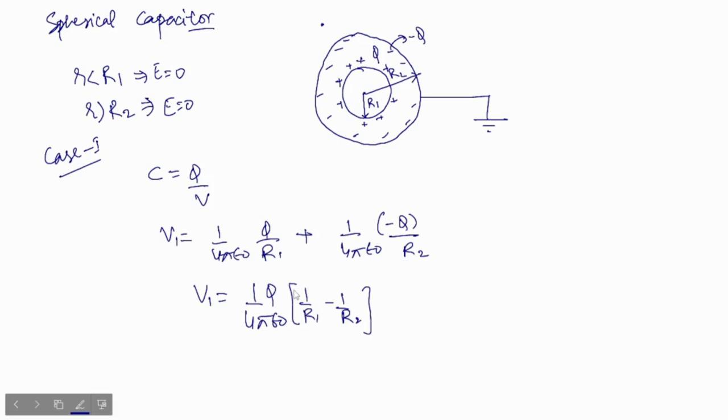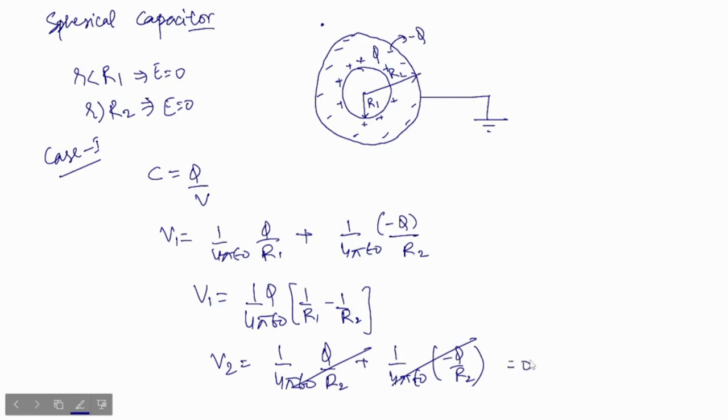Now V2 will be the potential of the outer sphere. It will be due to its own sphere, 1 upon 4 pi epsilon naught Q upon R2, plus the potential due to the inner one, plus 1 upon 4 pi epsilon naught minus Q upon R2. This will cancel out.